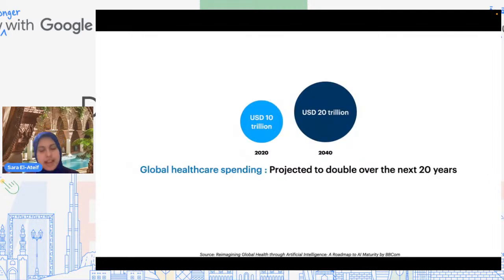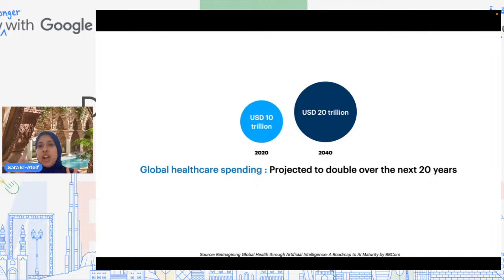Now, apart from that, obviously, when we have more patients, we have a higher demand in the market for healthcare providers, right? So the market of healthcare is going to increase, of course, in revenue and in demand.